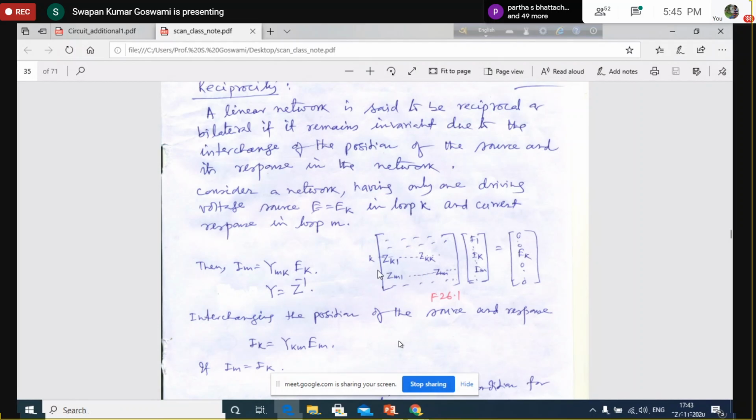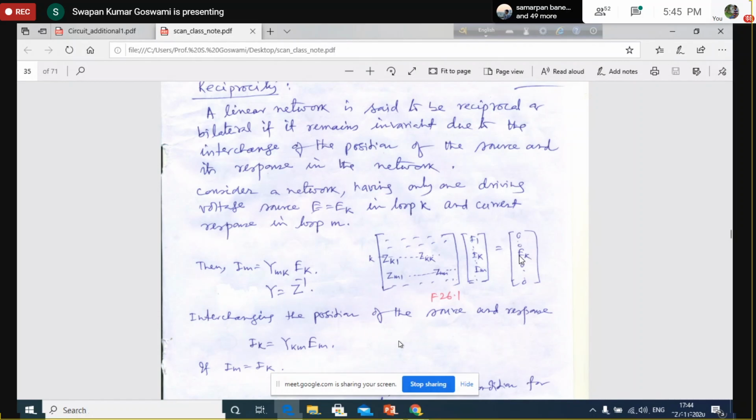Loop impedance matrix into loop current vector equals the voltage vector of the source, the voltage vector at the loop. In this equation, this is non-zero at the kth loop.